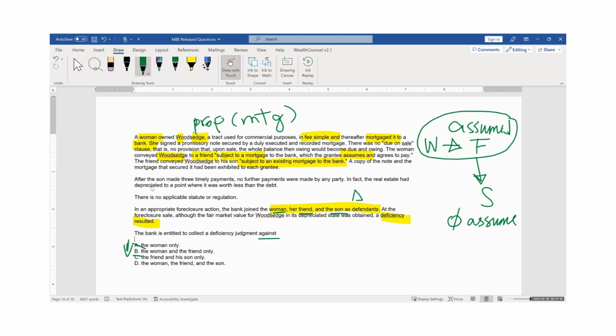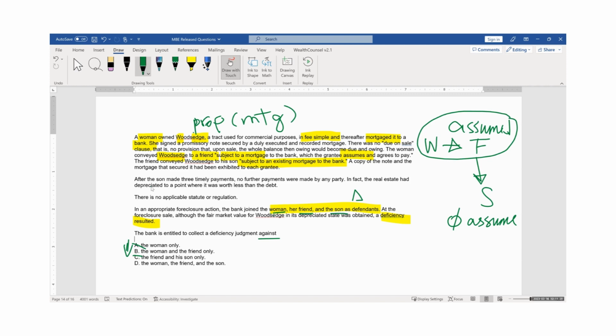And unless the bank has given her a novation, that is a novation where the bank says that they will let her off the hook and go after the friend for responsibility on that mortgage, she is not off the hook, so she's always going to be liable for the mortgage as well as any deficiencies.